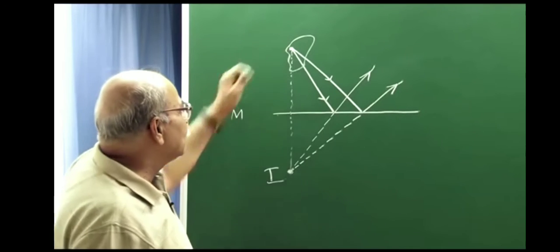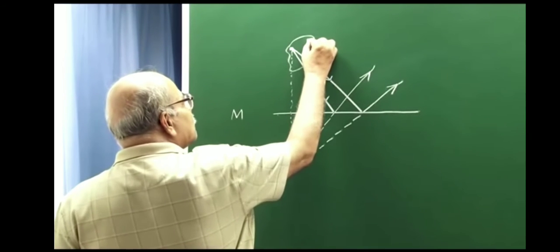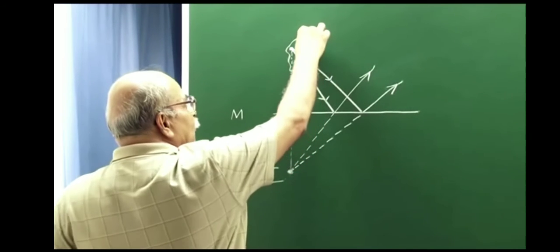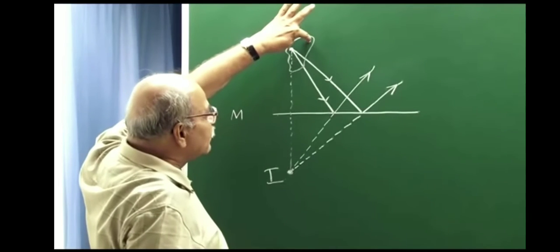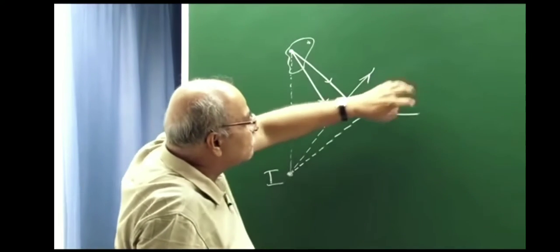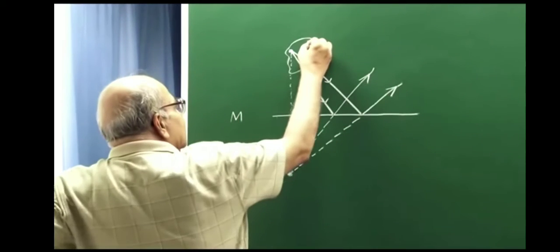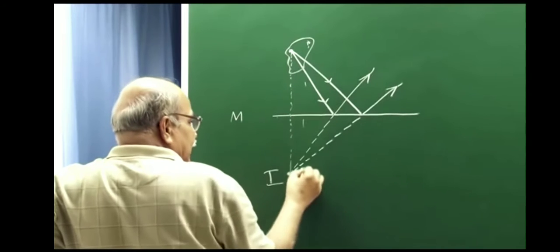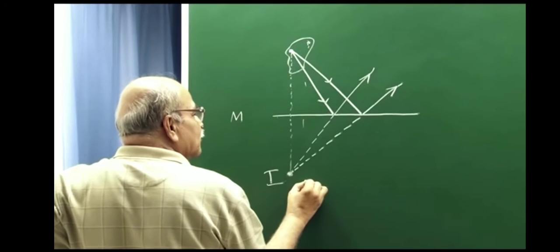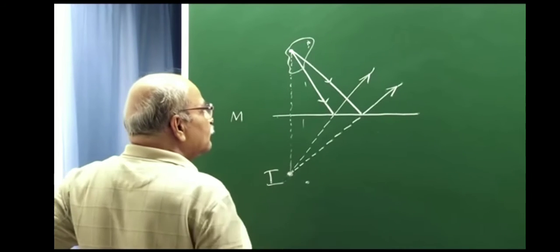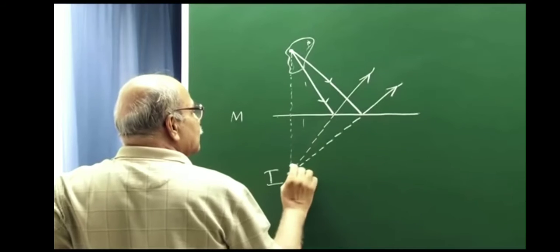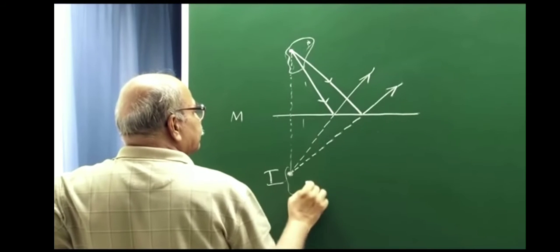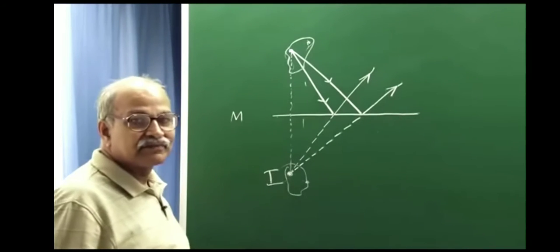If you think of some other point of the object, then all the rays starting from there, after reflection, will intersect at some other point, not at this point, and therefore you get an image of this quantity somewhere here.